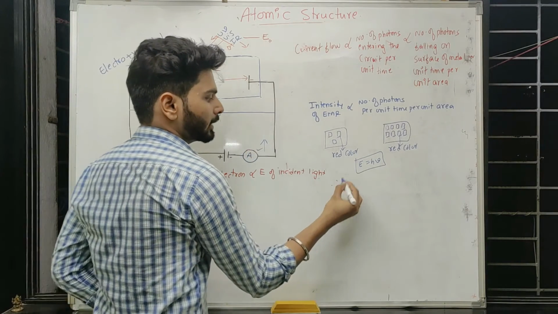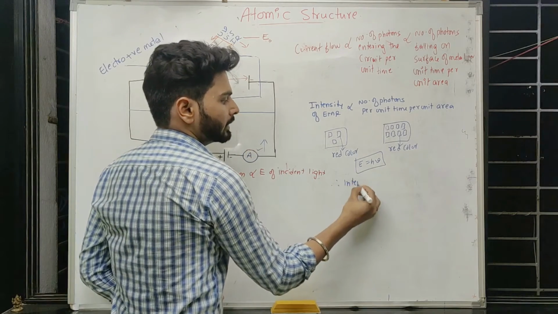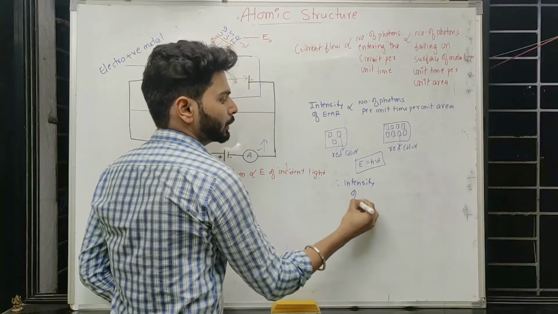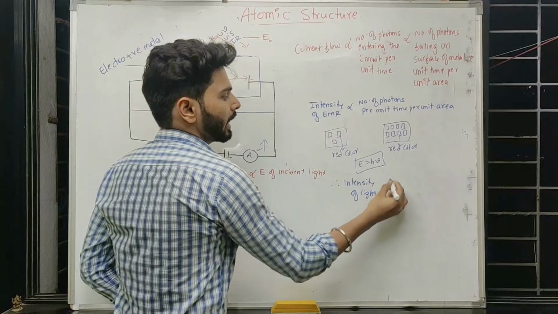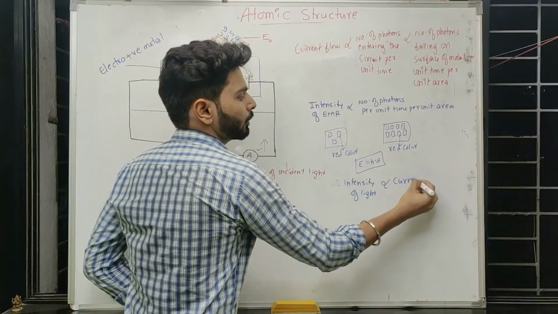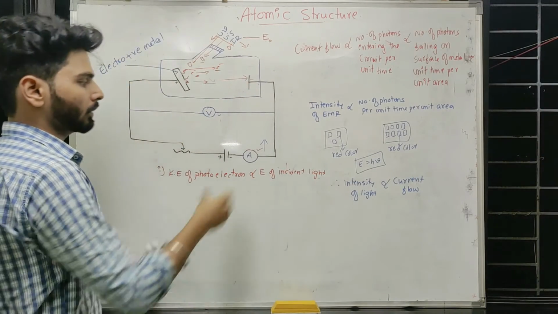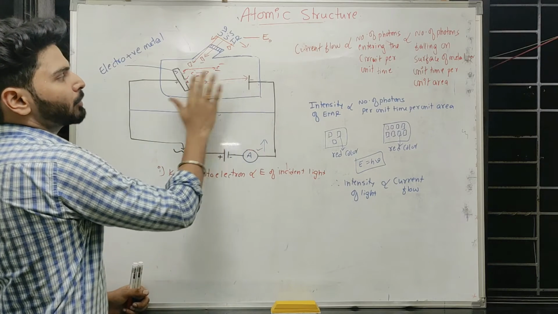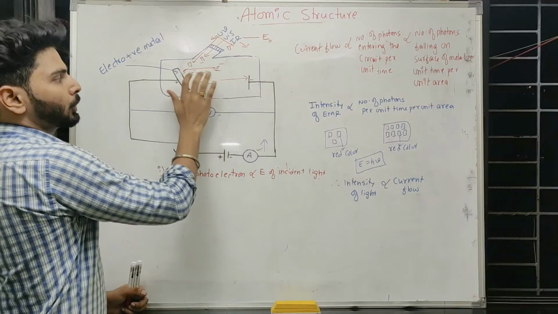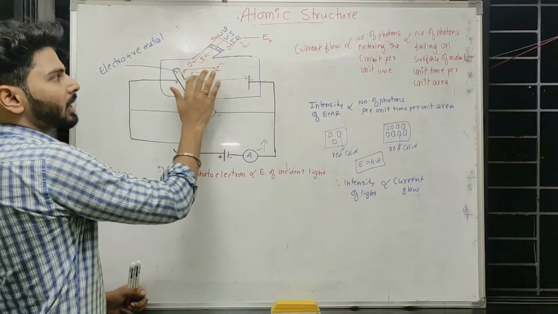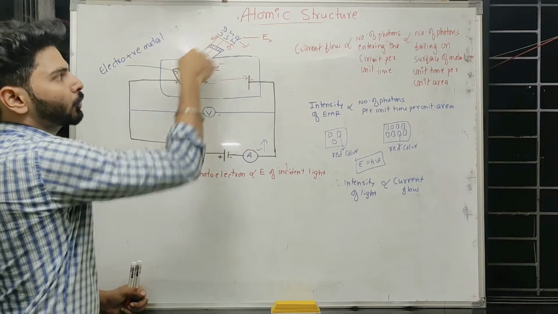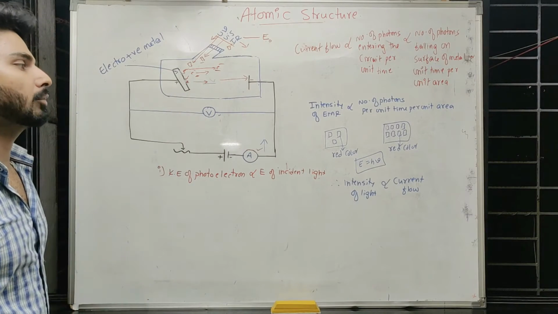So I can conclude that the intensity of light is directly proportional to the current flow in the circuit. If I want higher current, then there must be more photoelectrons coming out. To make sure more photoelectrons are coming out, I need to supply enough photons of that qualified energy.